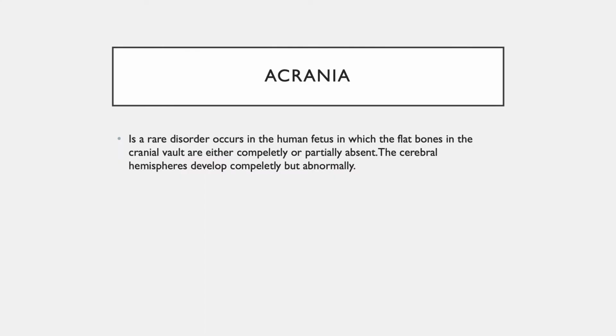The other condition is called acrania. Acrania is a rare disorder in the human fetus in which the flat bones of the cranial vault are either completely or partially absent, while the cerebral hemispheres develop normally.